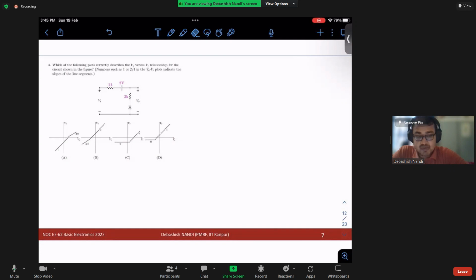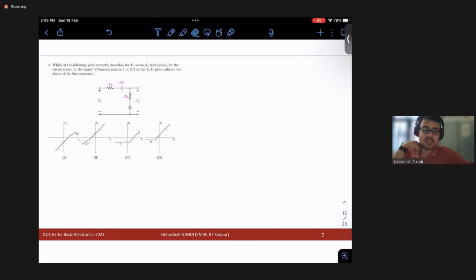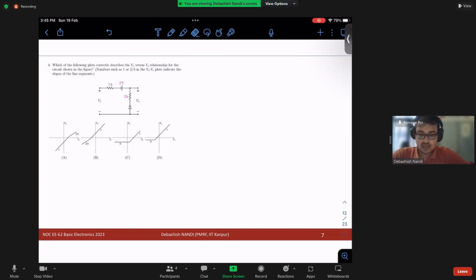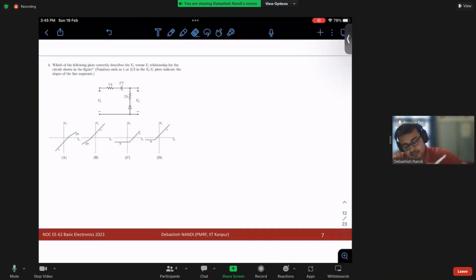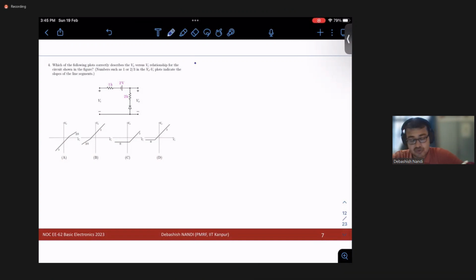Please tell me the steps so that I know you have got the steps which I have explained in the last three problems. This is a similar problem, just the change in the opposite battery sign. Gunjan and Poonam, any one of you, please unmute yourself and tell me how to solve it. It will be good practice for you also.